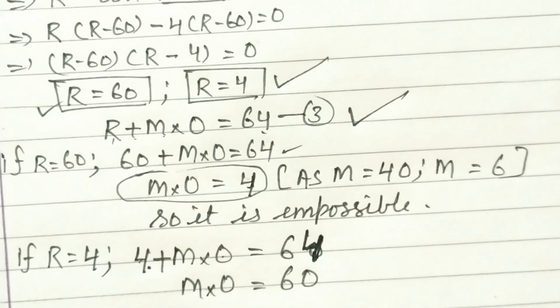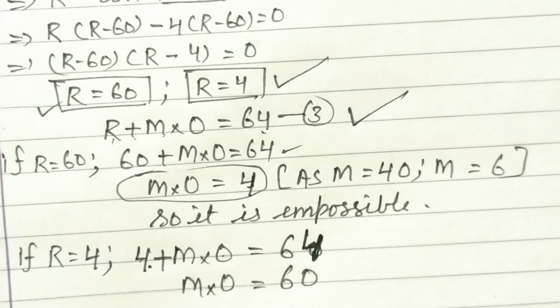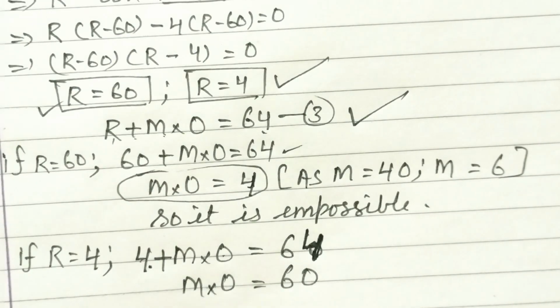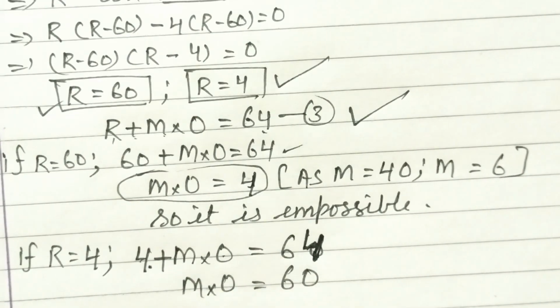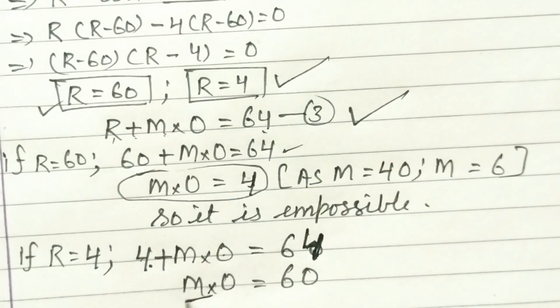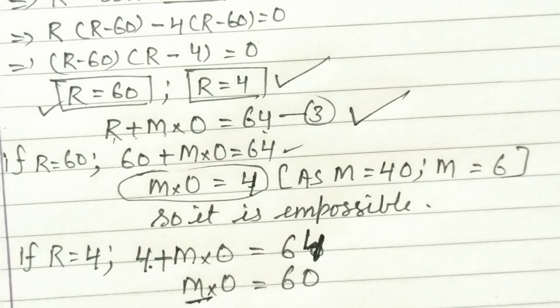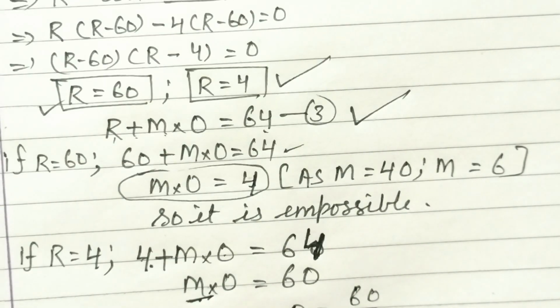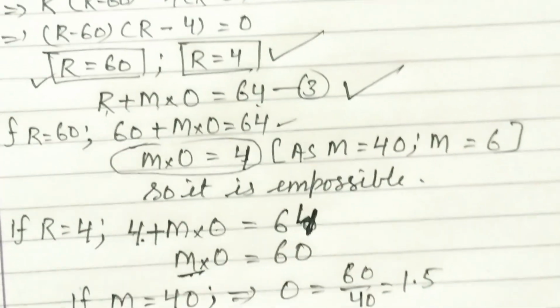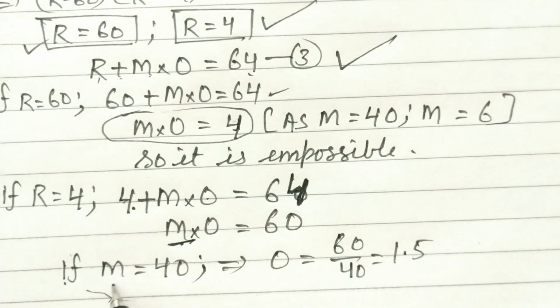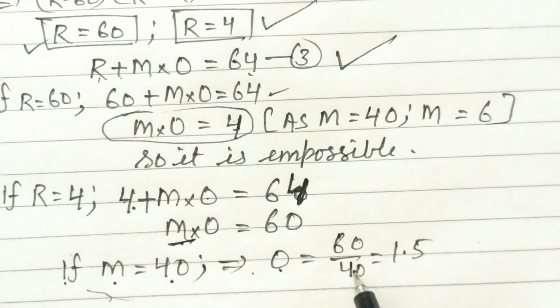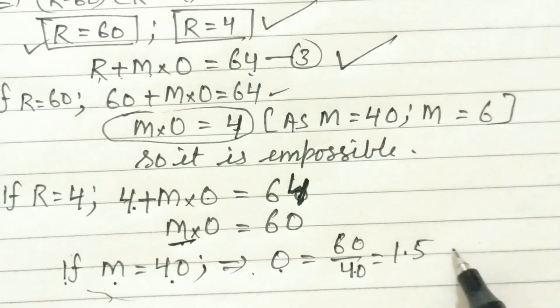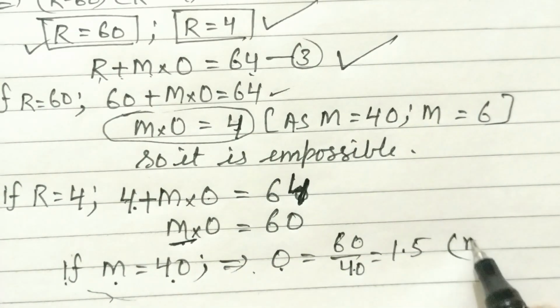Again, if we put M is equal to 40, O will be equal to 60 over 40, which is 1.5.